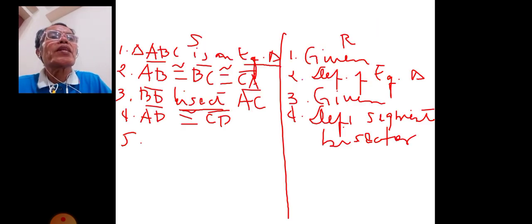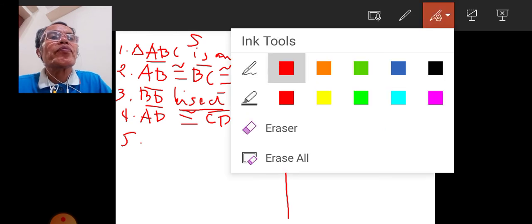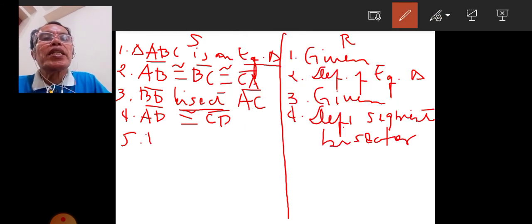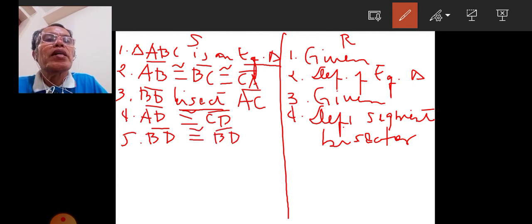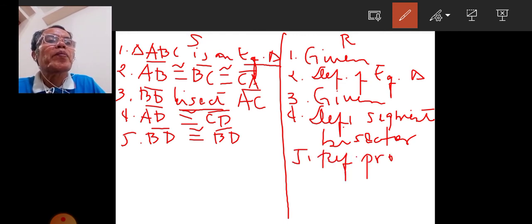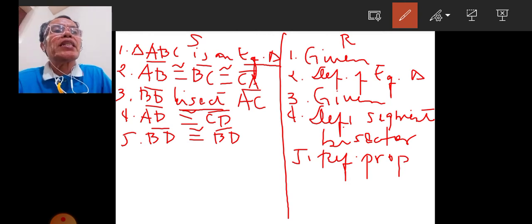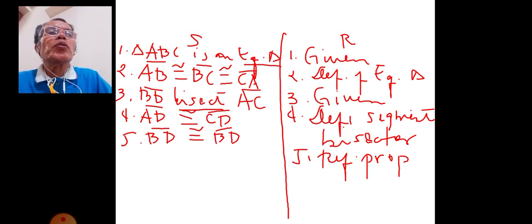So segment BD is congruent to segment BD. And what is our reason? That is reflexive property.